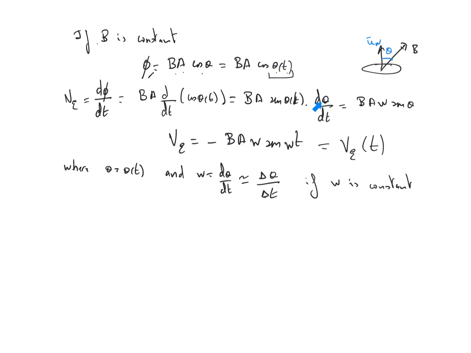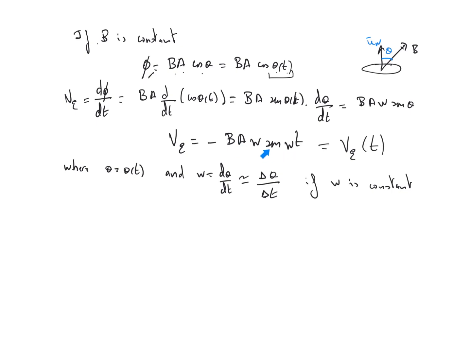It is the ratio between the angle rotated and the time that has elapsed. So this is omega. This is epsilon induced. Epsilon induced is minus B times A times omega times sine of omega t.